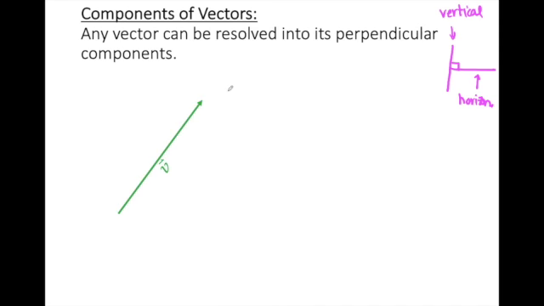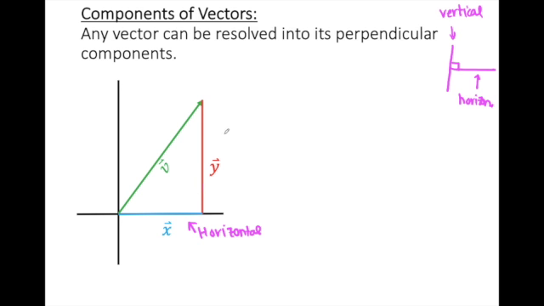If we were to draw a vector, this vector can be resolved into its perpendicular components, meaning our horizontal component and our vertical component. What does this look like? Our trig.